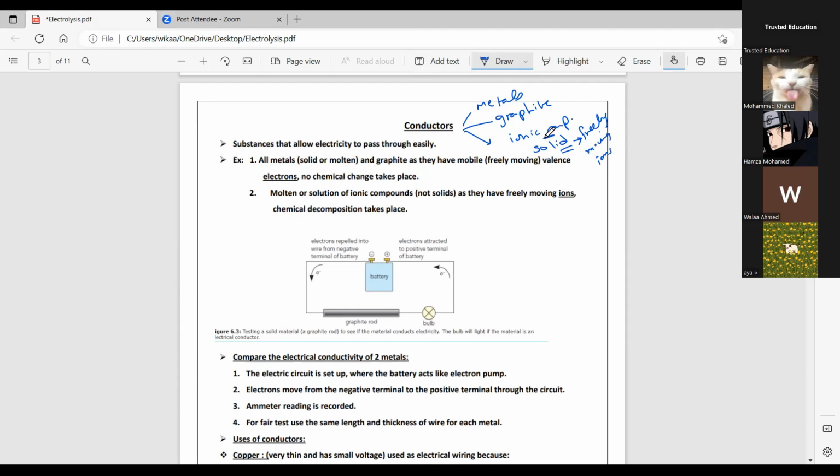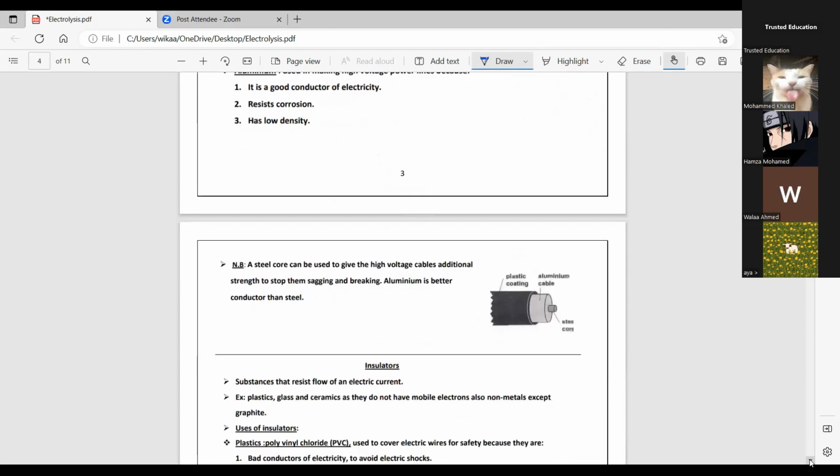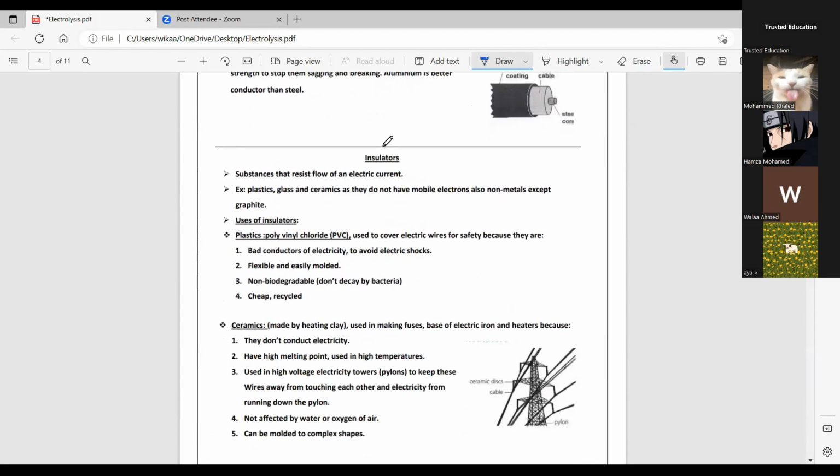Which type of ionic compounds can conduct electricity? The molten or the aqueous? Aqueous means dissolved in water. But I have now the conductors that allow the passage of electricity, metals, graphite, and molten or aqueous ionic compounds. في هنا بقى بس examples و uses، كل ده سهل ما فيهوش أي مشكلة. بعد كده عندنا ال insulators. Insulators are the substances that do not allow the passage of electricity.